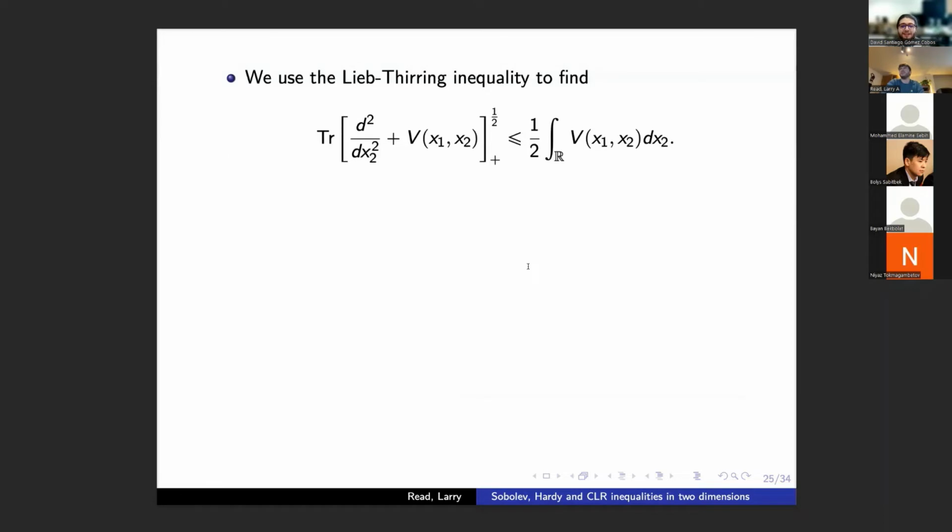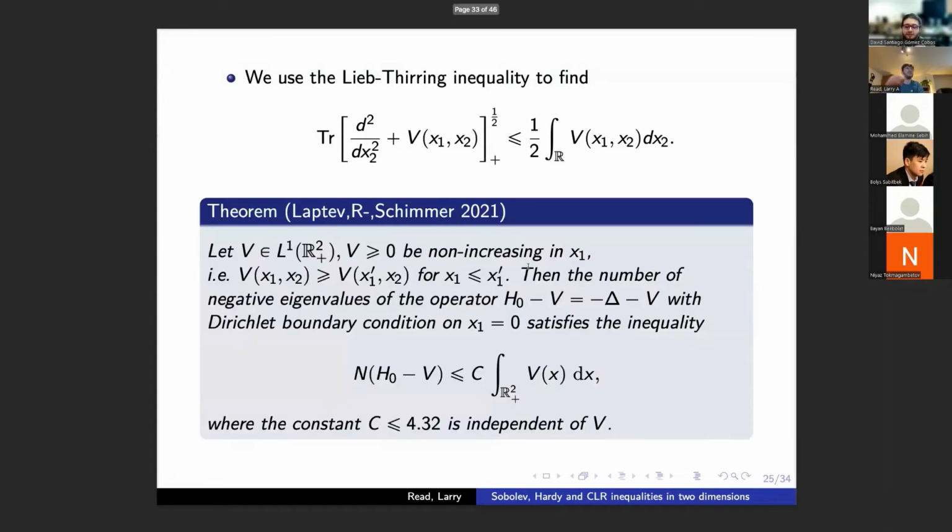Yes, thank you. Then you could do the same for R3, using the R2 plane to get the result in R3, and then R4 and any dimension. Exactly. The problem is that there are already better results in that case. You have the standard CLR inequality. But you recover those results by this procedure. Exactly. But then we also have the restriction on the potential.